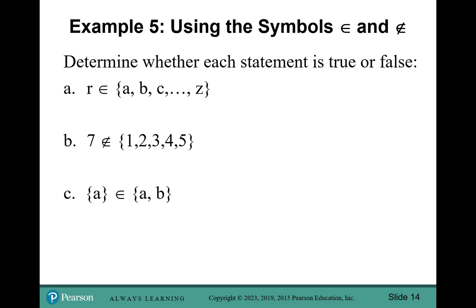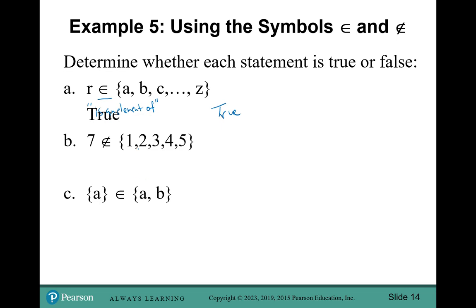Is R contained in that? Is R an element of this set? Remember, this stands for "is an element of." Is this a true statement? It is. R is an element of our alphabet. So this is indeed true.